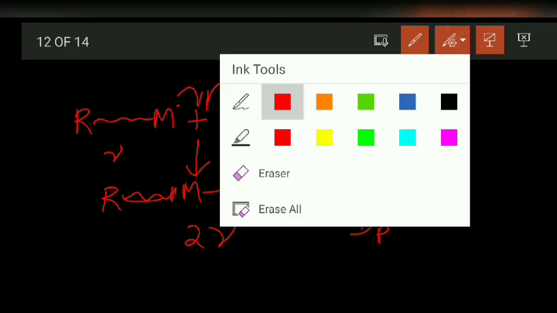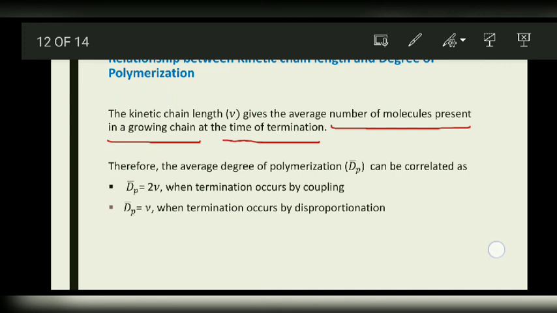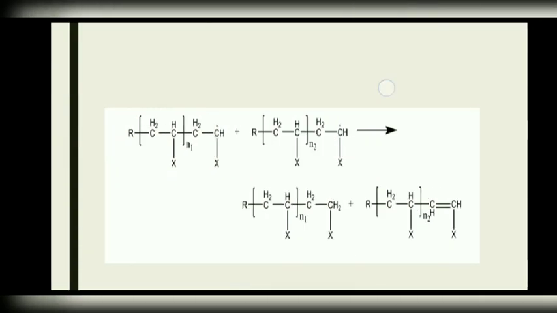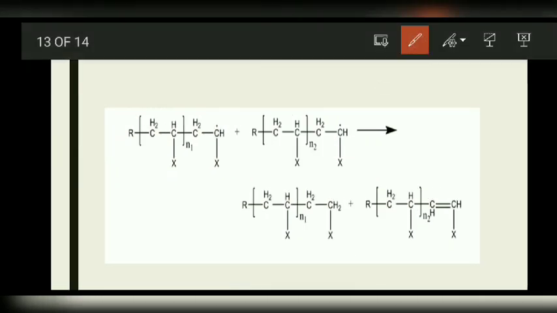Then if the termination occurs by disproportionation, the DP bar will be equal to nu. You know that in disproportionation, there will be two growing chains like this.